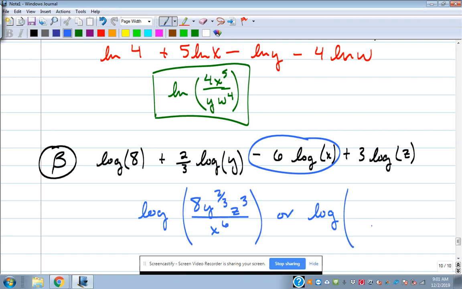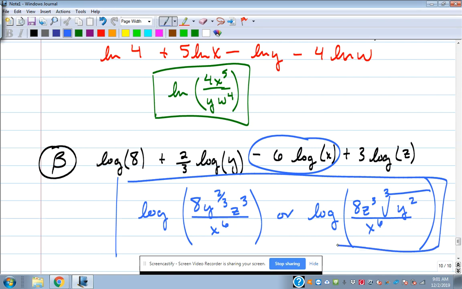Now, let's do a little bit of rational exponent stuff here. 2/3 power. The denominator's a 3, so that could be rewritten in a what root? Cubed root of y squared. Recognize both.